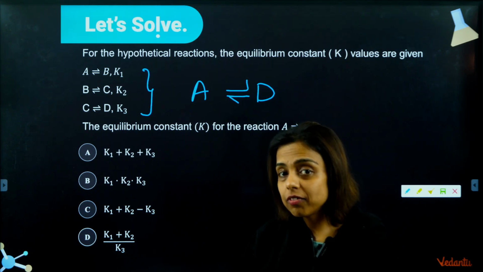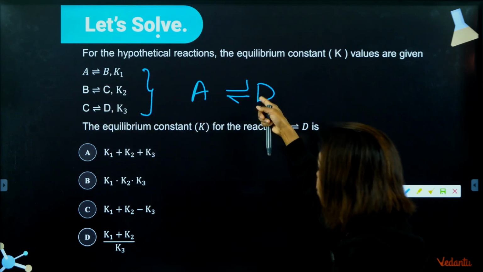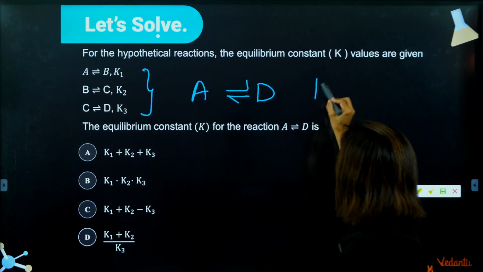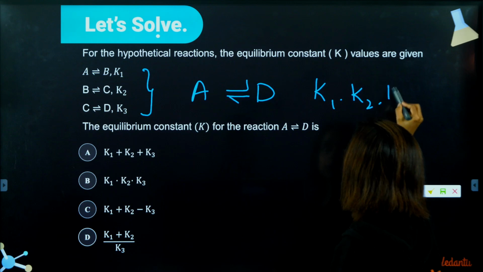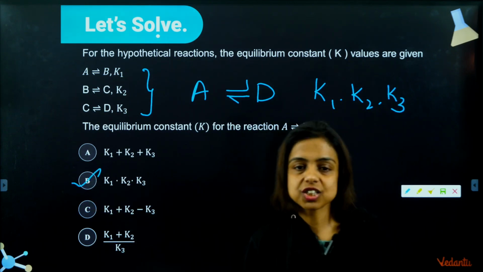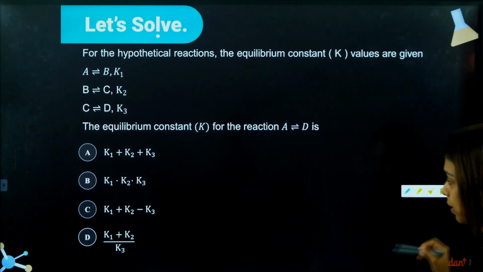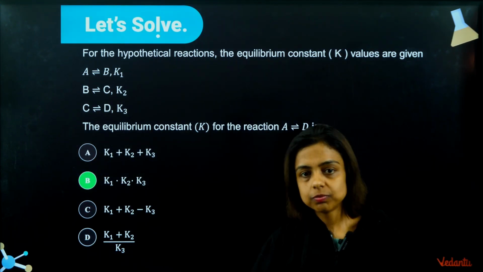So how did we get this reaction A to D? By adding these reactions. तो अगर इन reactions को add कर रहे हो तो उससे ये reaction बढ़ रहा है, तो इसका जो equilibrium constant है वो उन सबका product होगा जो given reactions हैं जिनको आपने add किया है. So on adding the reactions, the equilibrium constant gets multiplied. So very simple. बहुत जल्दी होने वाला question. The answer is B.